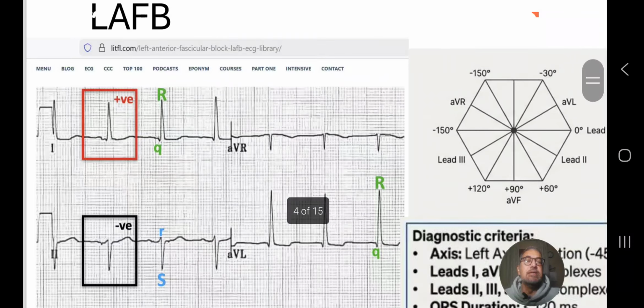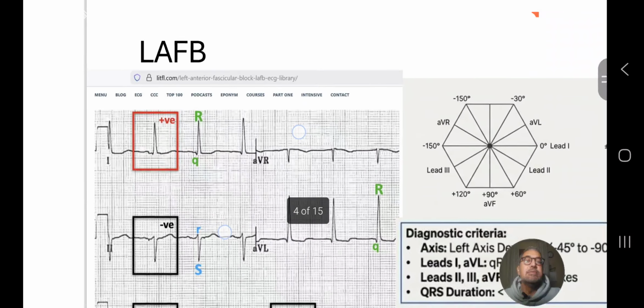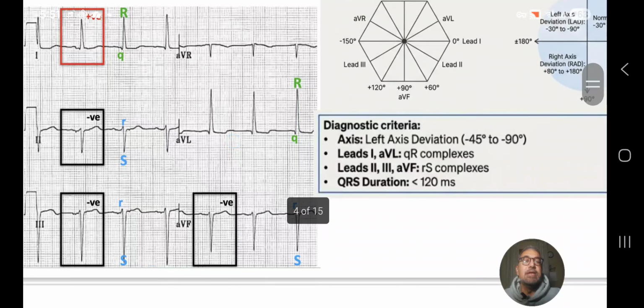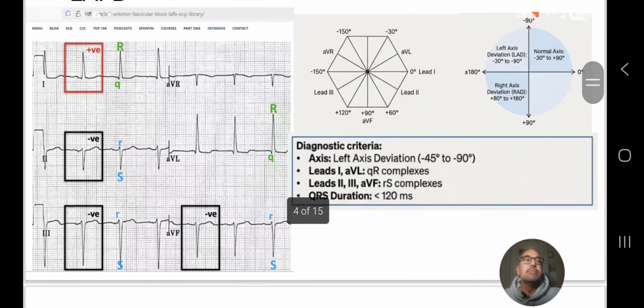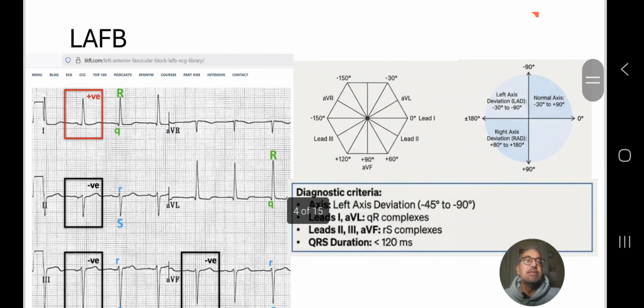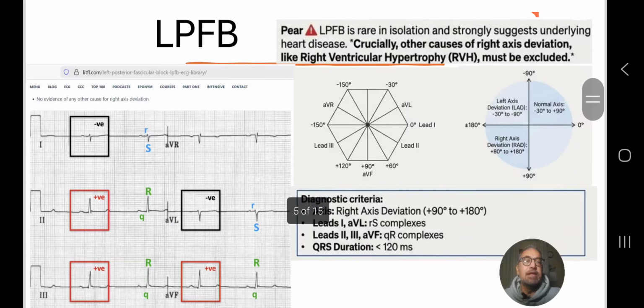So here's lead 1, and AVF. So if the electricity is going in that direction, you would get LAFB, left anterior fascicular block.